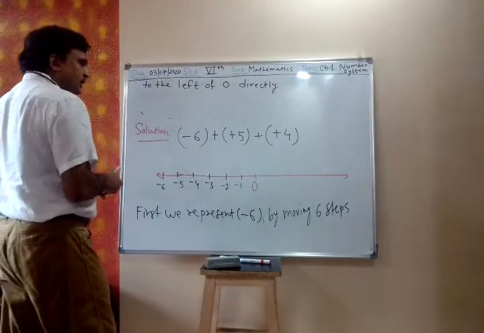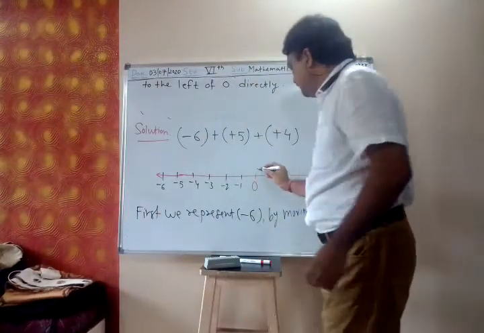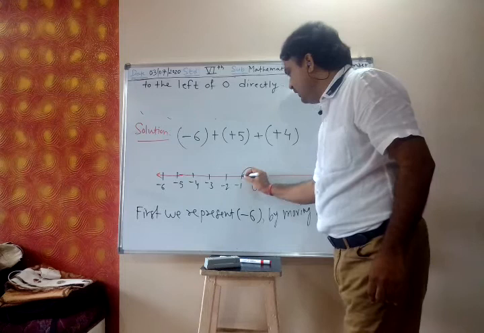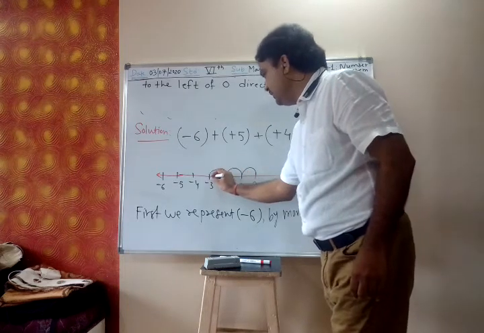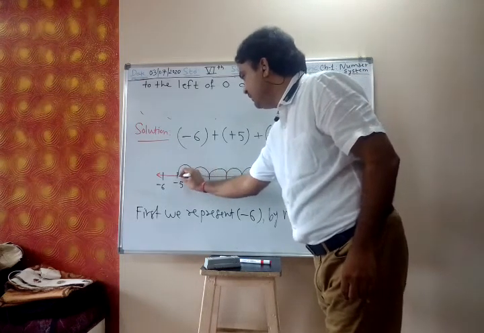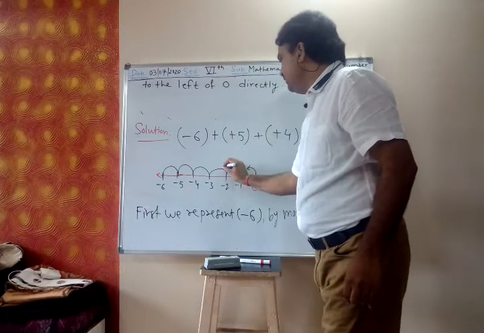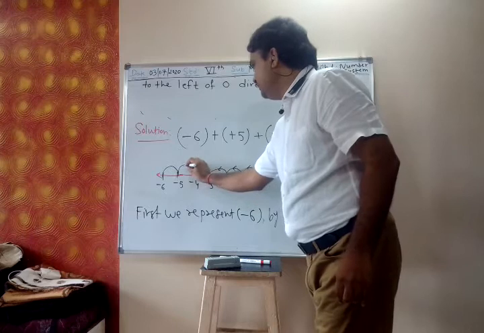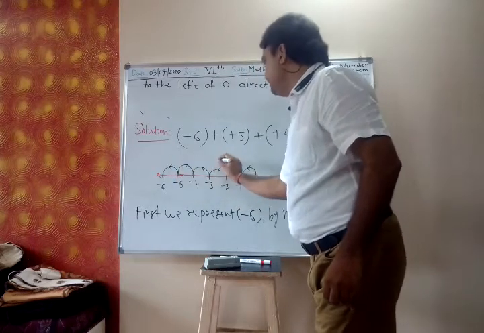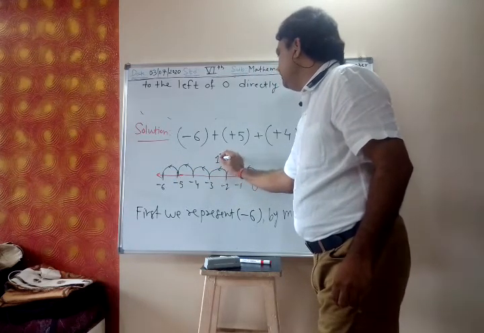By moving 6 steps. So let us move: 1 step, 2 step, 3 step, 4 step, 5 step and 6 step. So this is my first step. The first step represents the number -6.